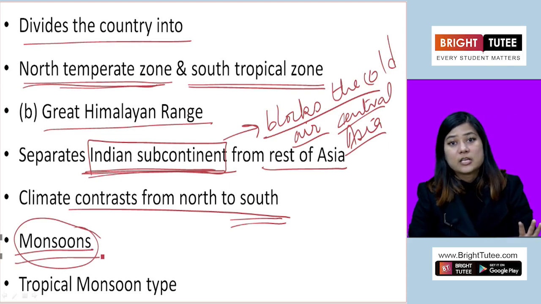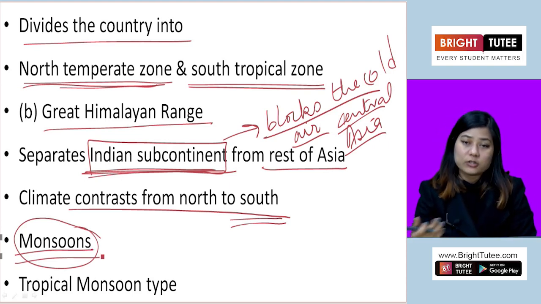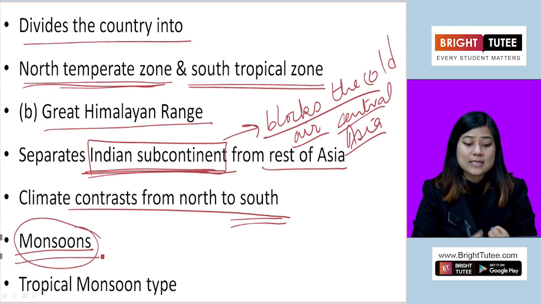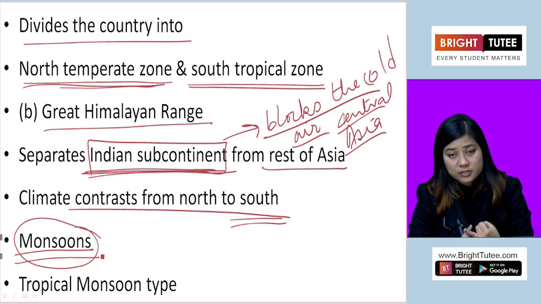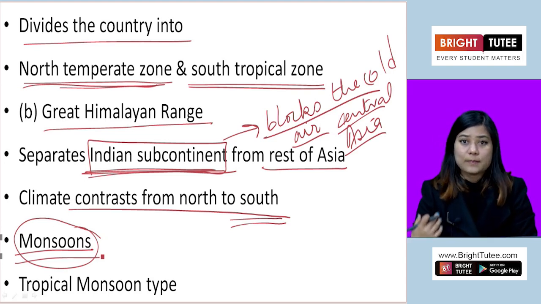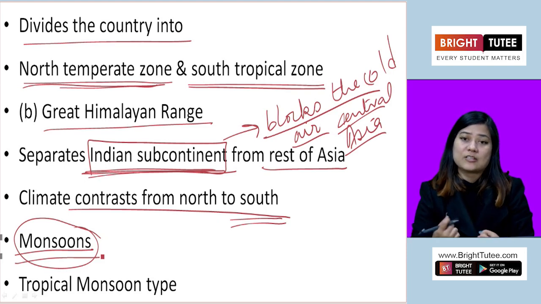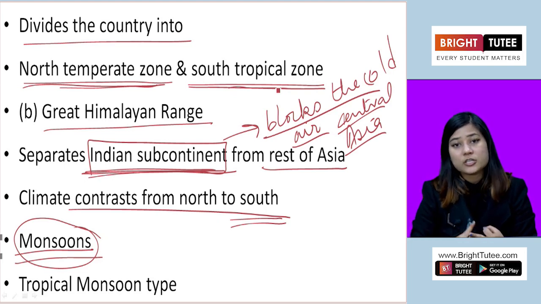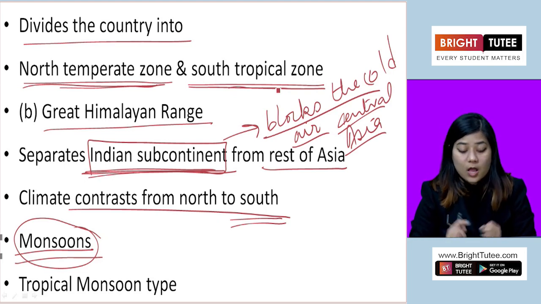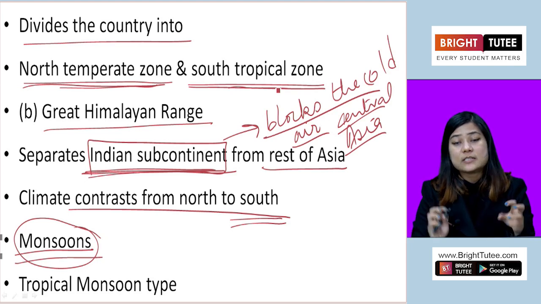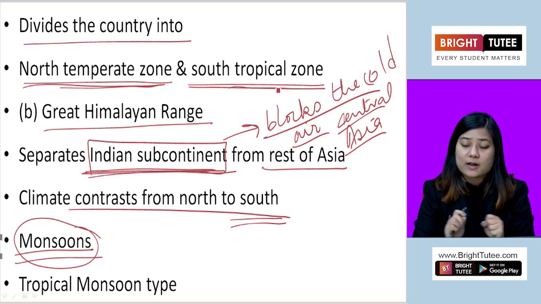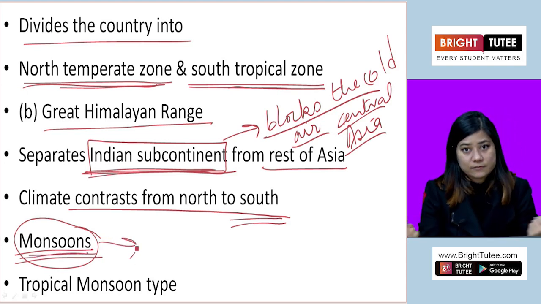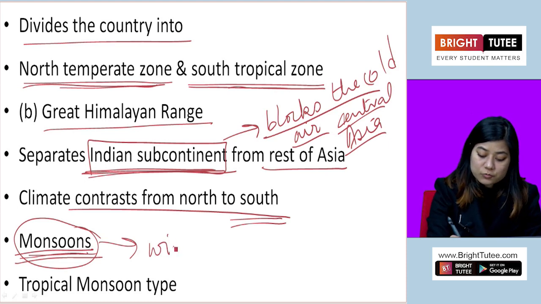The areas which lie along the Himalayas receive snowfall and have a temperate climatic condition, while the southern part of India, the rest of India, has a tropical climate and it is warmer. It does not receive snowfall. But what both these zones have in common is the monsoon, which means they receive monsoon winds.